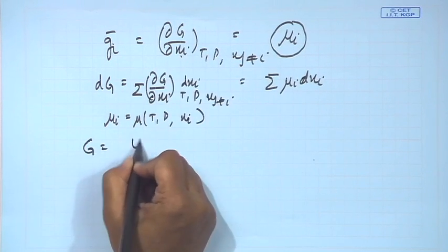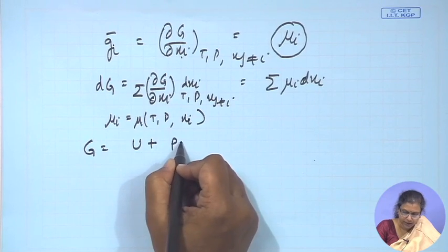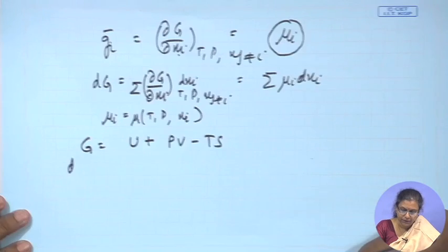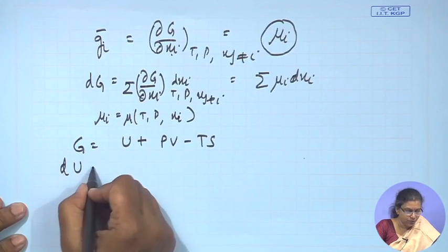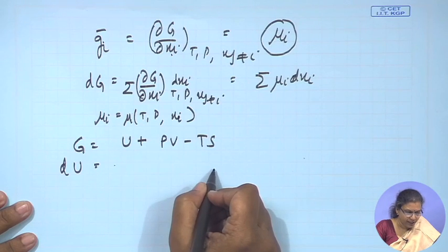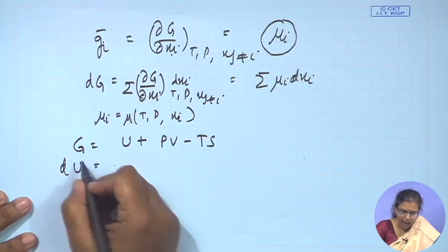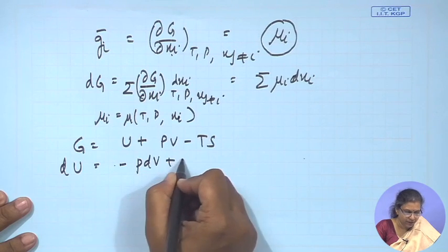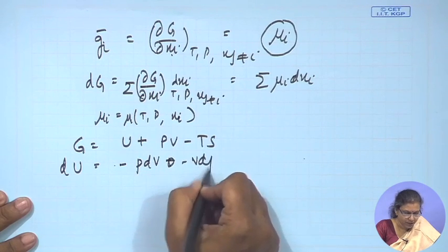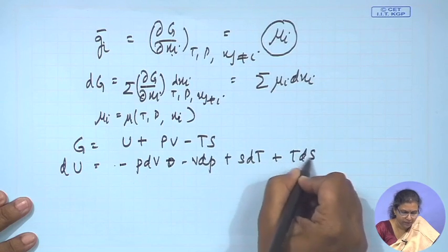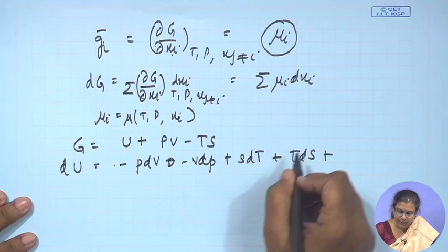If we write this equation in this particular form and then differentiate dU equals to, if we elaborate this differentiation, I will just do it for you, minus p dV, sorry, minus V dp plus S dT, plus again that dG term comes.